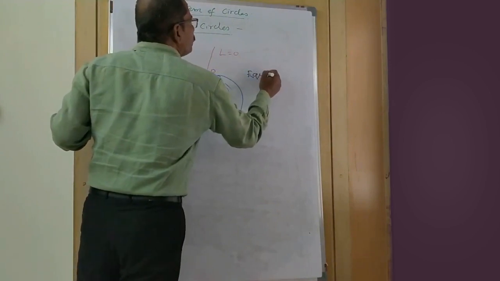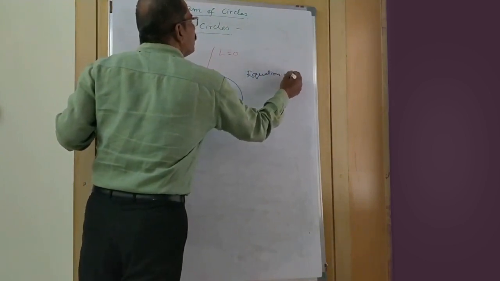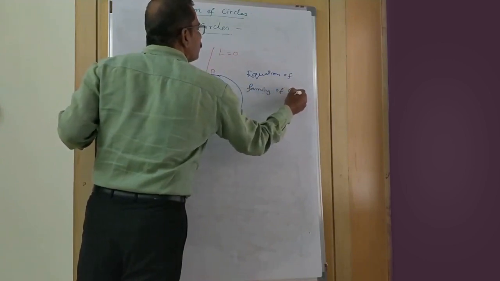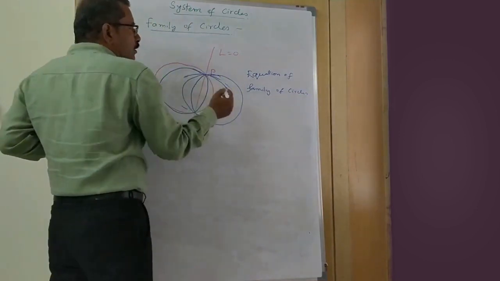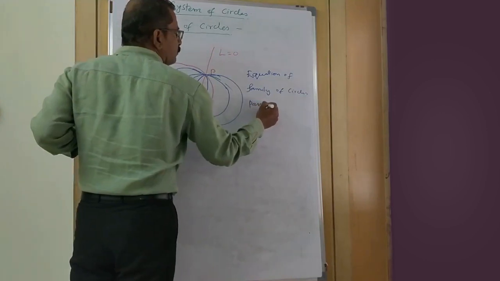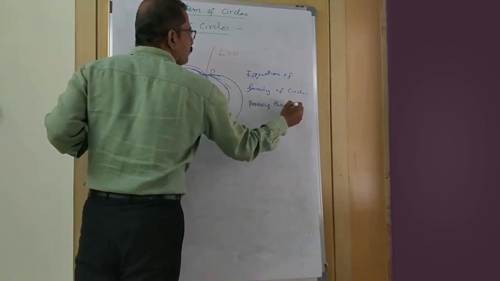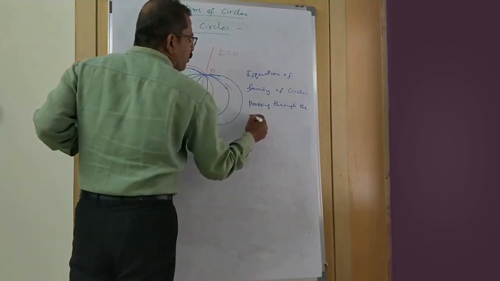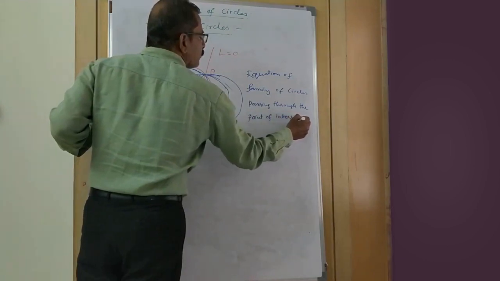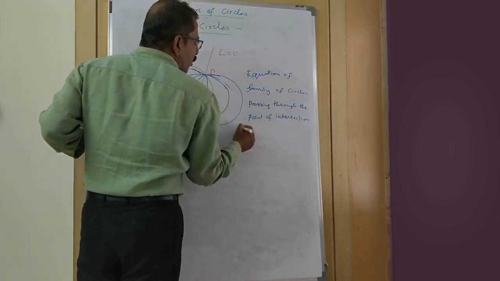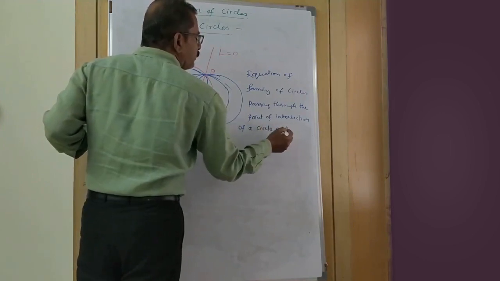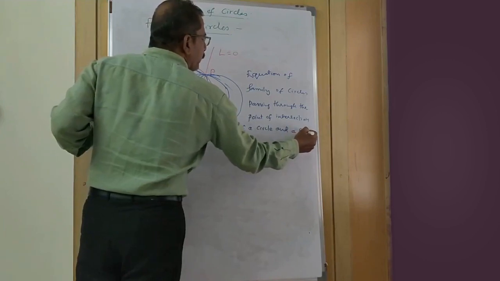Equation of the family of circles passing through the points of intersection of a circle and a line.